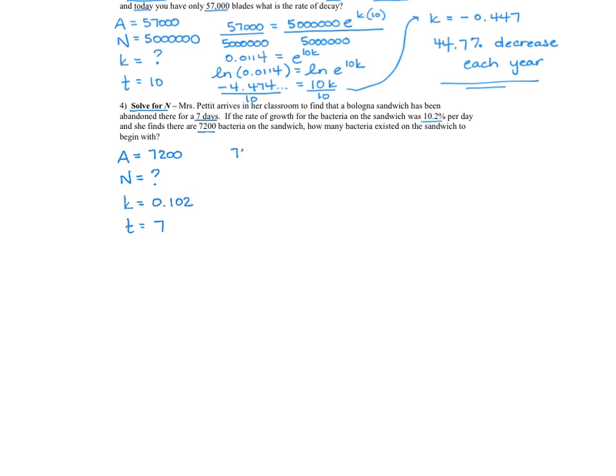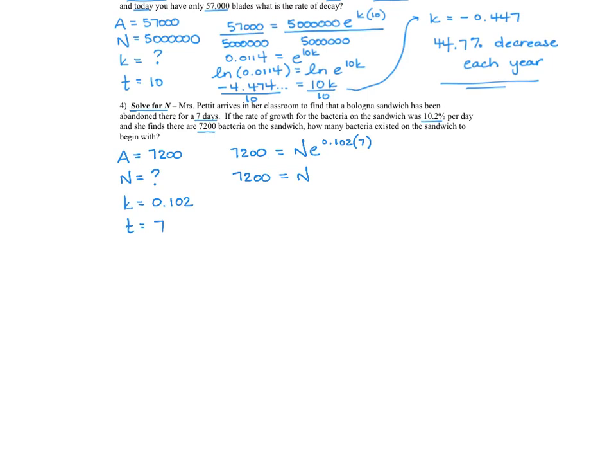So again, plugging in what we know. I'm looking for n this time. e to the 0.102 times 7. Now we can just plug that into our calculator. So I'll have 7,200 equals n. There's an e button on your calculator.